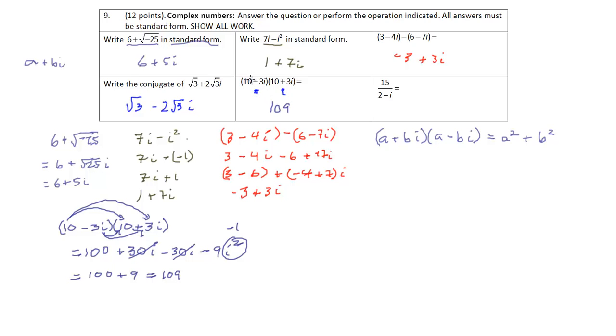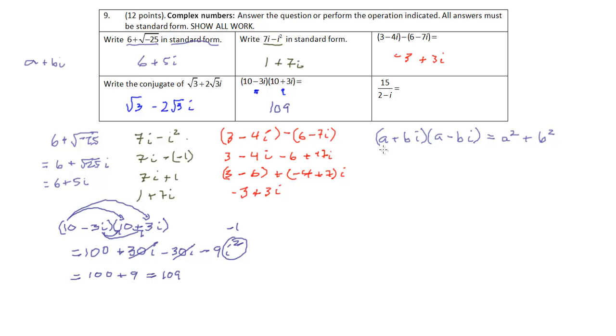So you can look at this and quickly say, well, 10 squared, 100, plus 3 squared, 9, is going to be 109. And that will help us quickly perform this division using the rule for division, where we multiply by a form of 1 that uses the conjugate of the denominator.